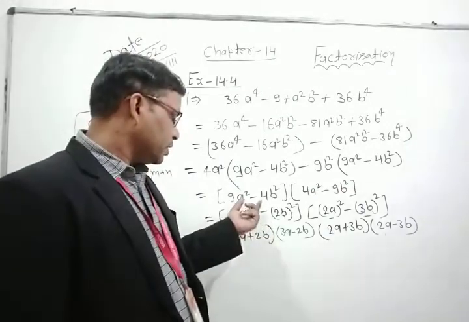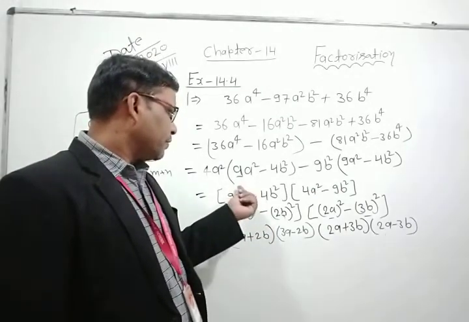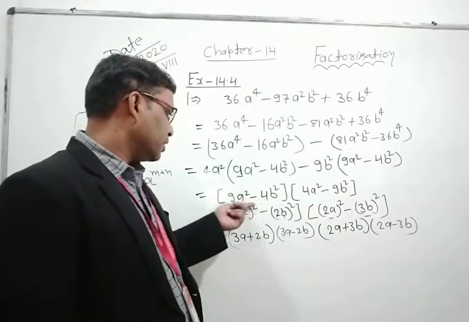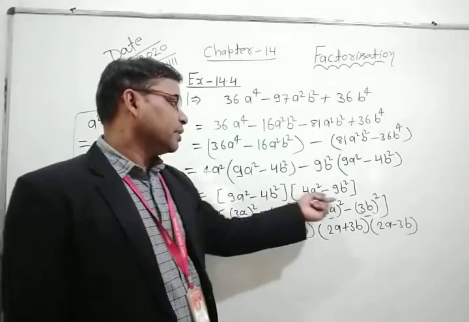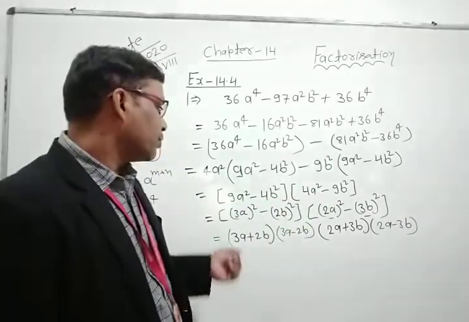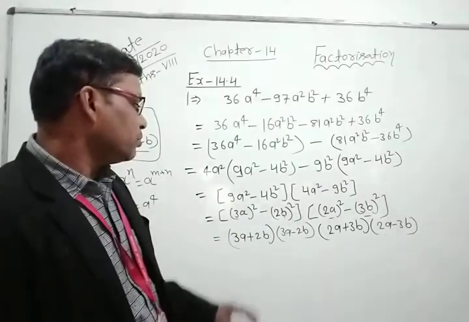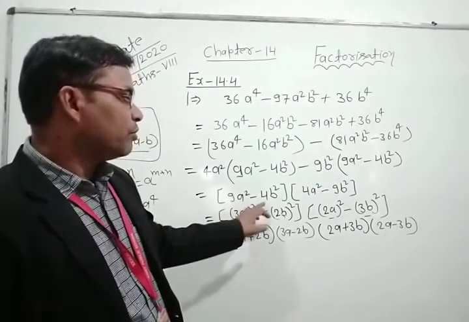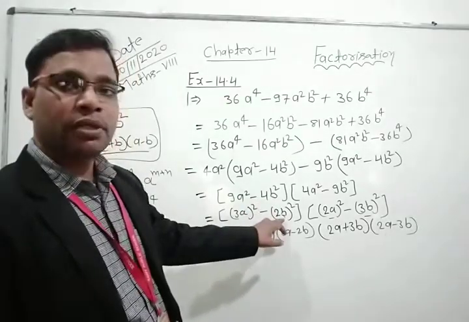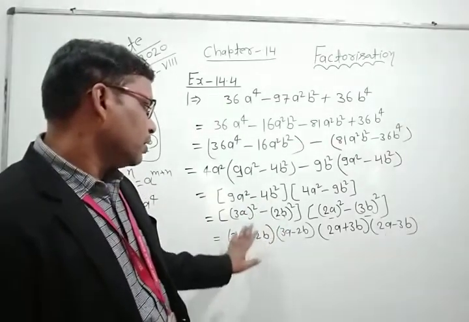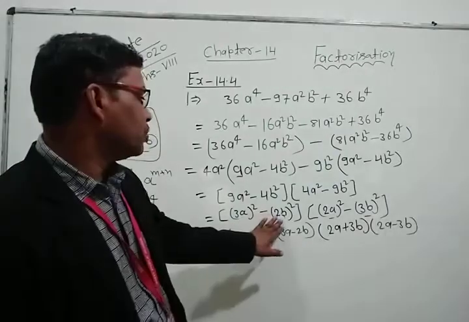So here you can see factoring is possible in both terms. Here this and this factor is possible, because you can write 9a square is equal to whole square of 3a, and b square, this is equal to whole square of 2b. Okay, so this is the form of a square minus b square.